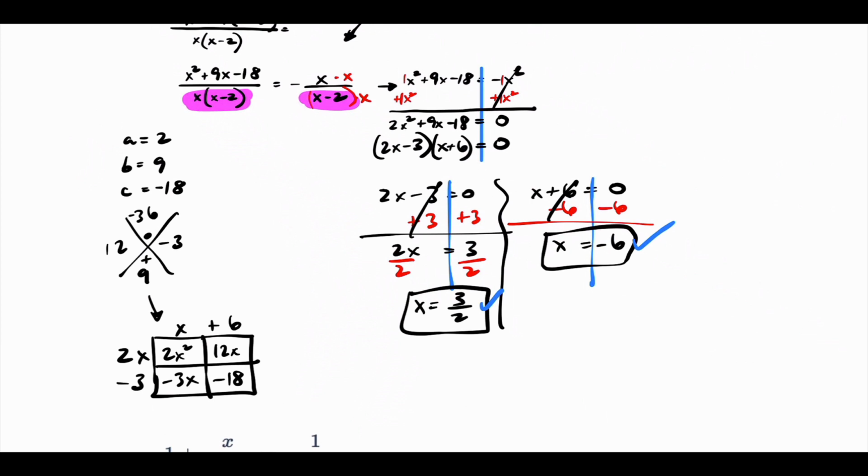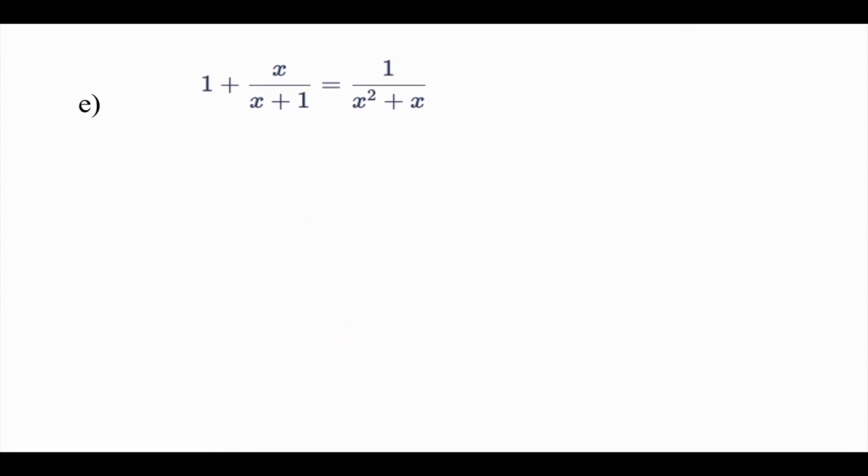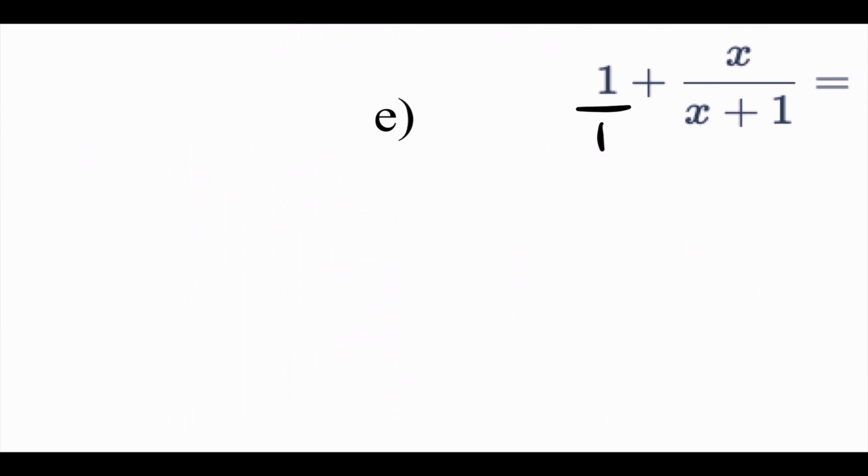Okay. We're definitely going to do one more. If we have time, we'll do another one, but we're kind of running low on time. So if we don't have time, we'll do some for tomorrow. Okay. So let's do letter E. Same thing. Common denominator.